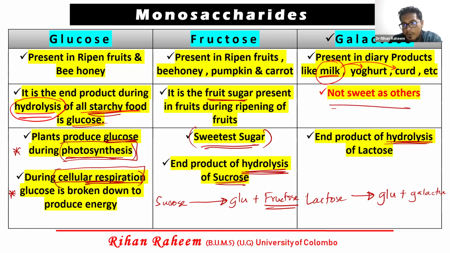And one red color point they have given, galactose is not sweet. Generally, all the monosaccharides are sweet, no? Earlier we said monosaccharides are sweet, soluble, crystallizable. But always there are exceptions. There are some special fellows. Everywhere these exceptions are there. So like that, galactose is not sweet. Where is galactose present, Putha?